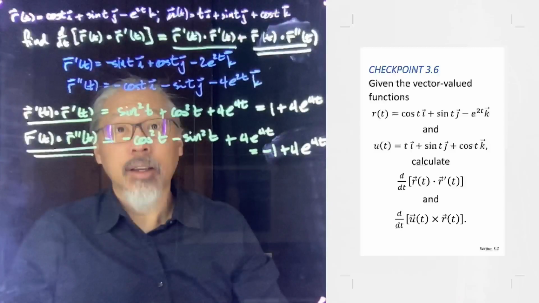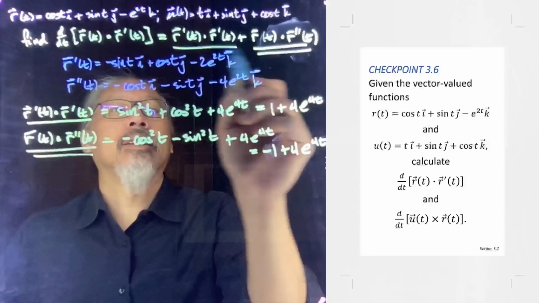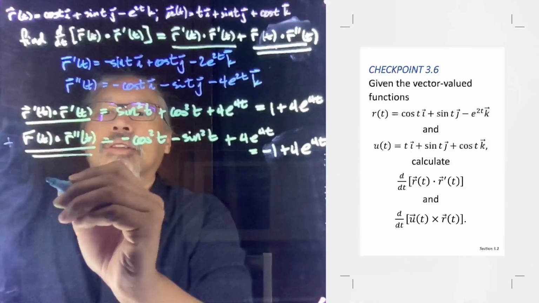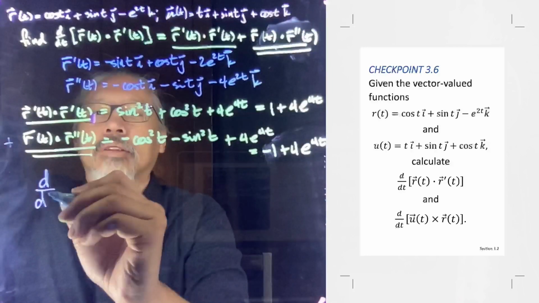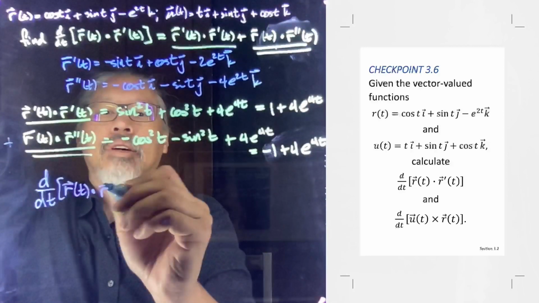Okay, so according to this, we're going to need to add this plus this, and that is going to be your result, the derivative of r of t dotted with r prime of t.